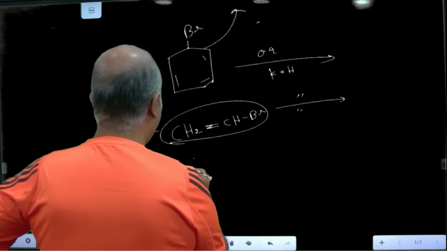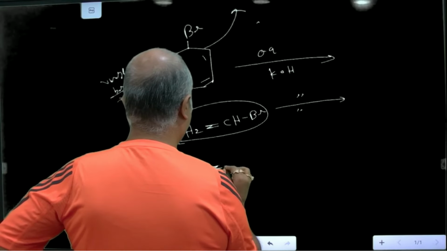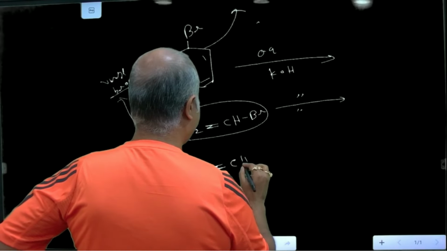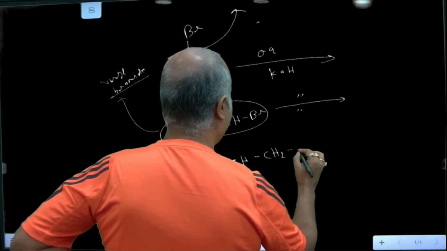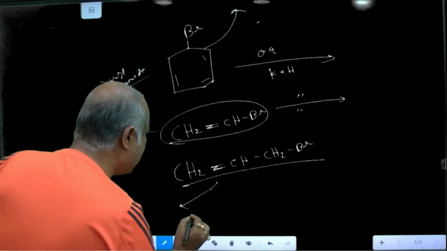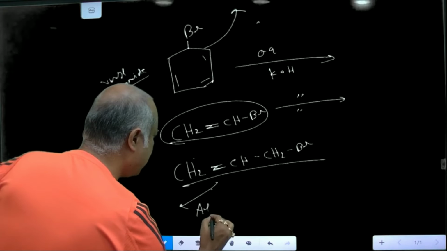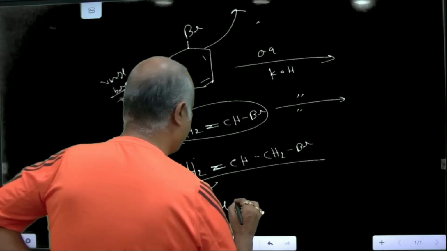That is bromobenzene. And also CH2 double bonded CH2 Br. That is allyl bromide.